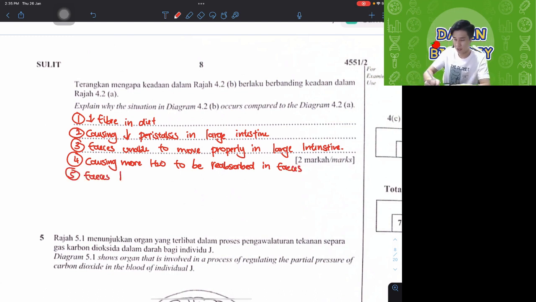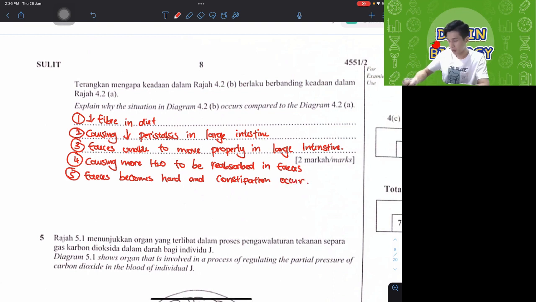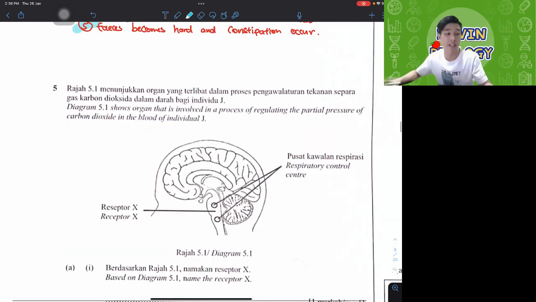So therefore, the feces becomes hard and constipation occurs. Okay, but this is structure, right? So for structure, you can actually just say 1, 2, then 3. You write these few points, should be more than enough already.